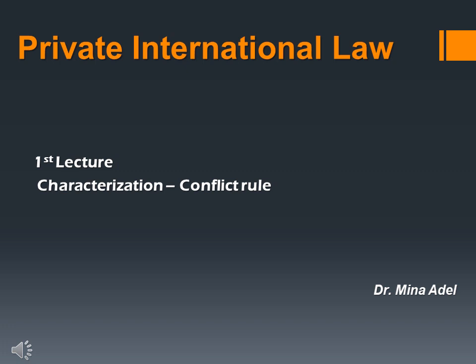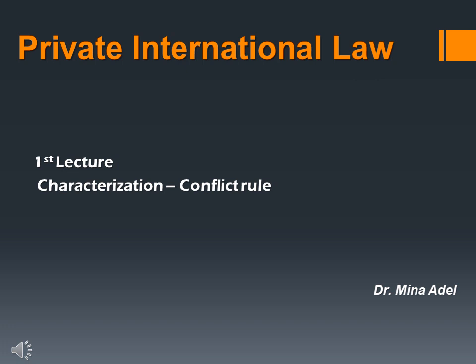So if you go in front of an Italian court, it will be the same conflict rule as if I go in front of the French court, etc. Okay, so this is in case the problem is intra-European. But on an international scale, we have another example of substantive rules harmonization. And I will give you an example of these rules.